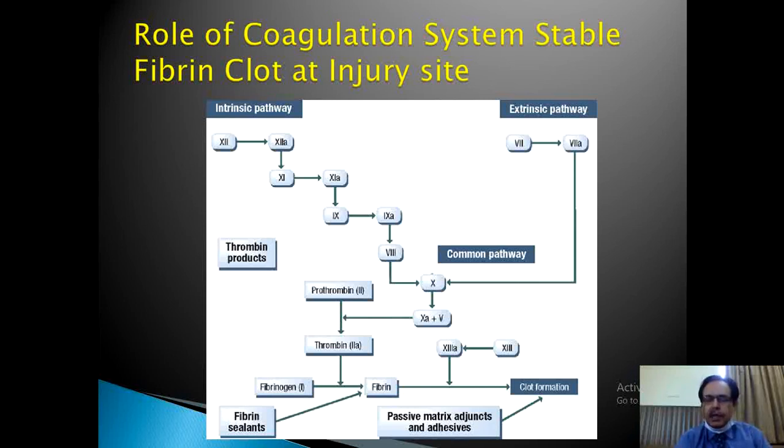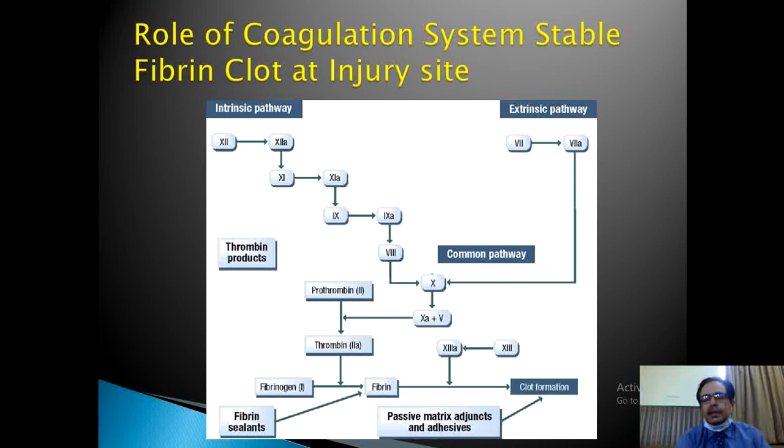The final role is played by factor 13A. So remember: factor 10A, factor 5, prothrombin to thrombin, and then factor 13A for the ultimate clot formation.